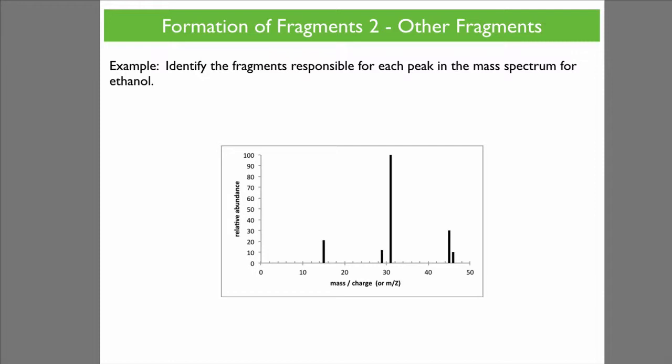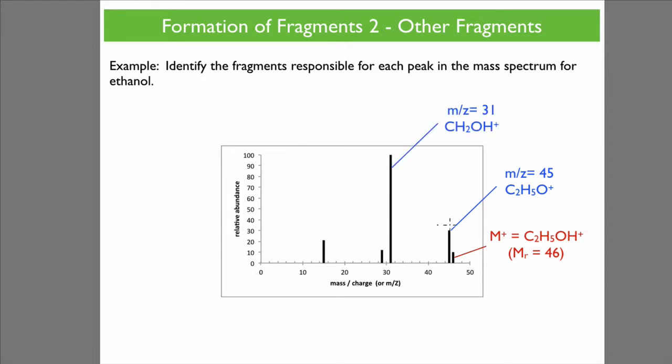Okay, let's look at an example. Let's identify the fragments responsible for each peak in the mass spectrum for ethanol. Well, we know that the top one with a molecular mass of 46 is just the ethanol itself, which has lost one electron. Next, we've got a mass to charge ratio of 45, one less, so it's lost a proton, so it's C2H5O+.